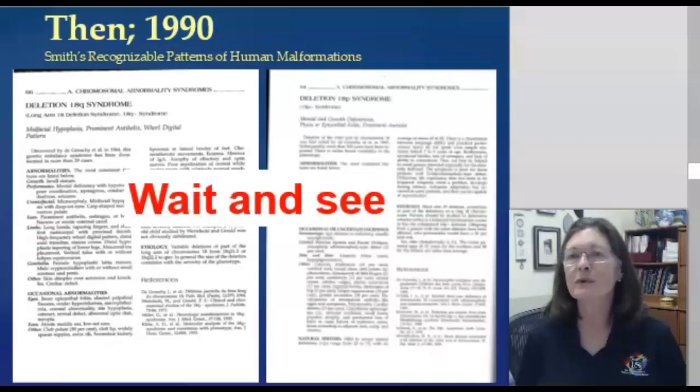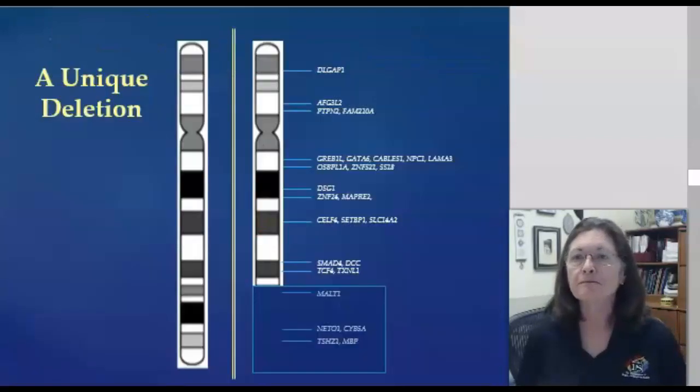So this is what we're trying to change, to be really specific for specific people about what they are at risk for and how to manage it, and ultimately how to correct those problems.